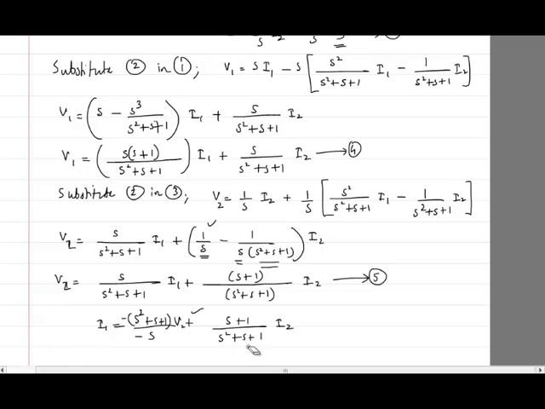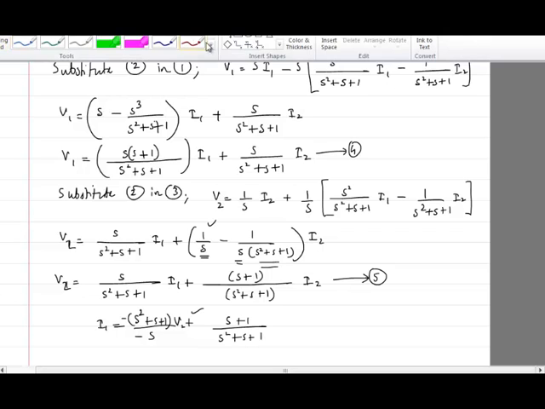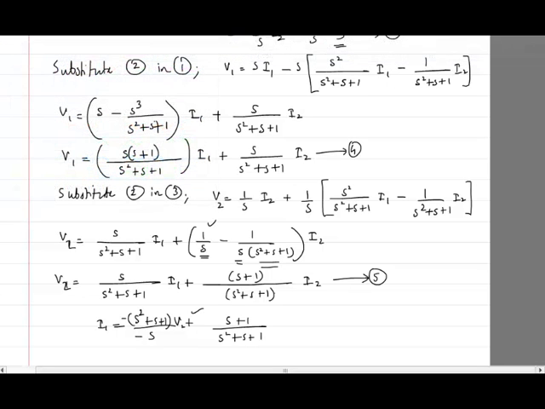Okay, and similarly here also I will have to multiply the same factor. So I will get it multiplied with whatever I have written here. What was that? S square plus S plus 1 divided by minus S into I2. Correct?